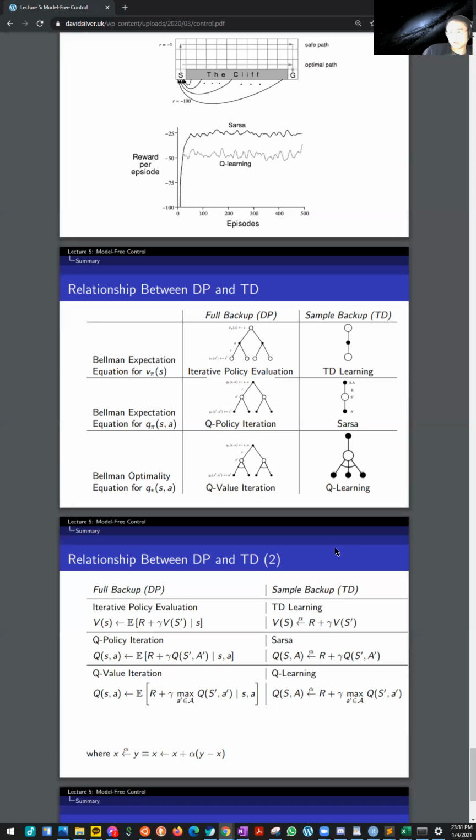What we're trying to do with the full backup is take into account all the possible next states based on the action that we chose. Specifically, this Q value iteration is trying to, per state, let's say that our action leads to state 1, state 2. State 1 could lead to action 1, action 2 based on our behavior policy.